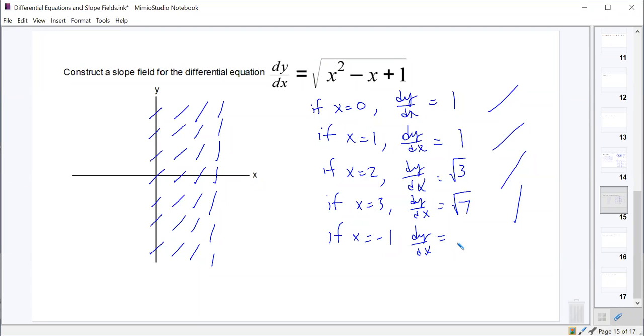What about if x is -1? What's dy dx going to be? Square root of 3. Square root of 3, so we're going to be back to like these ones that are a little steeper than 1, but not crazy steep. And what if we continue to the left, like -2?